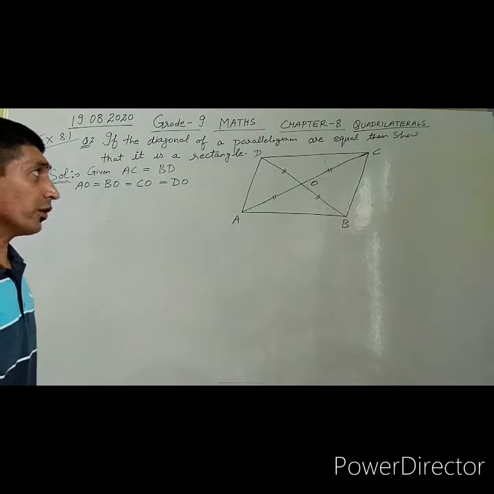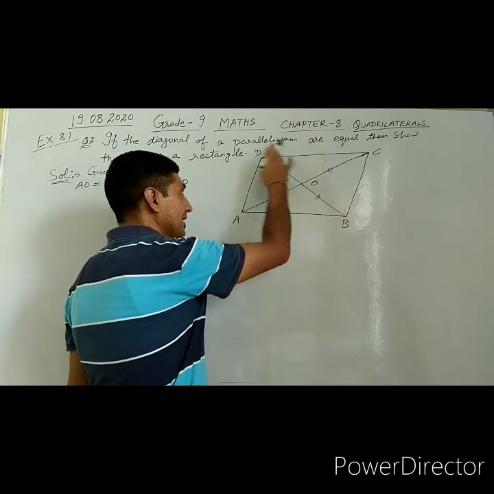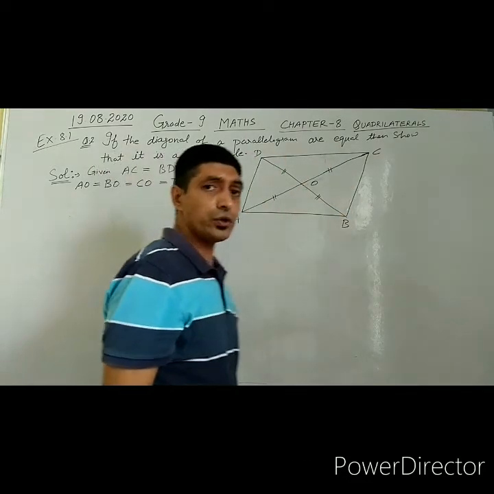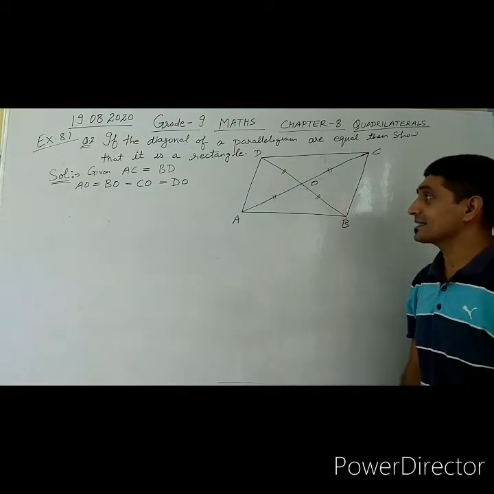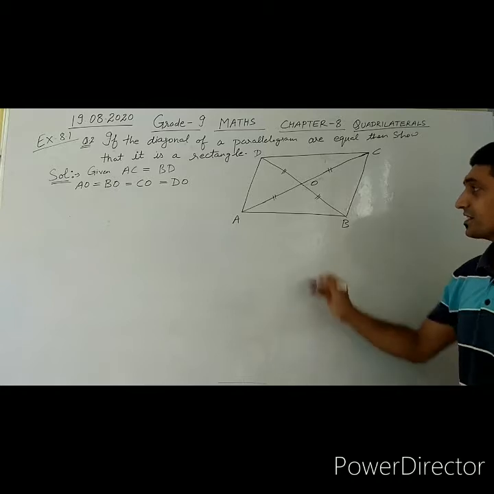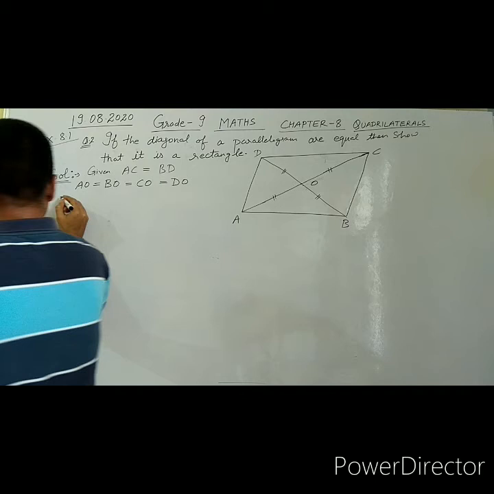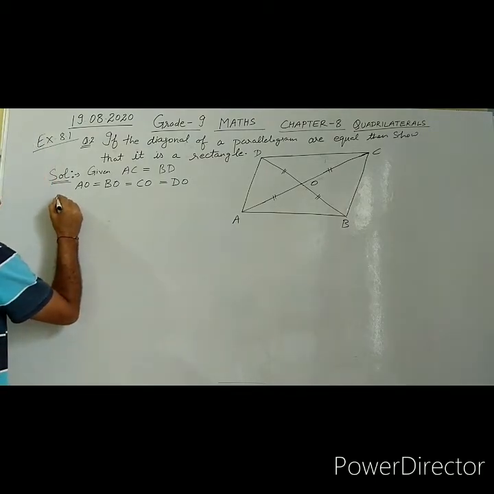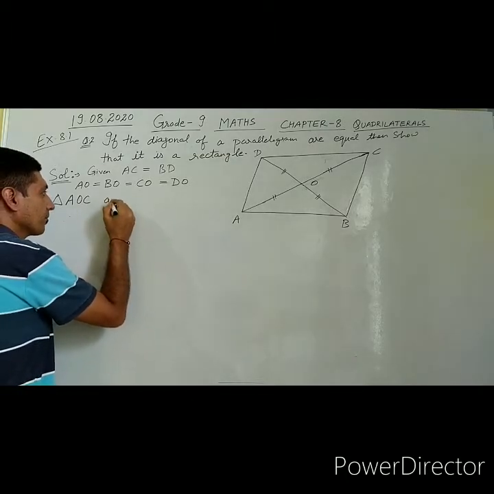Now, in order to prove that angle A, angle B, angle C, angle D is 90 degrees, we want to prove that one angle is 90 degrees. So how to prove it? Let's consider triangle AOC, no, triangle AOD.